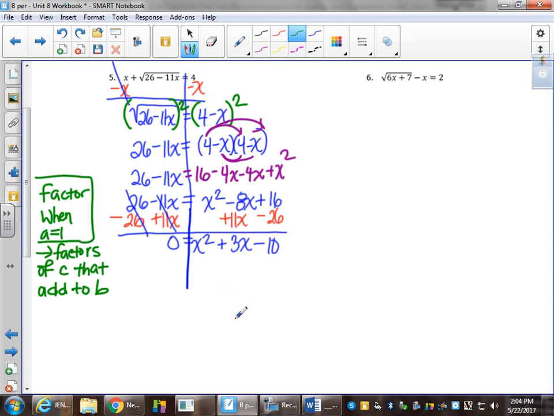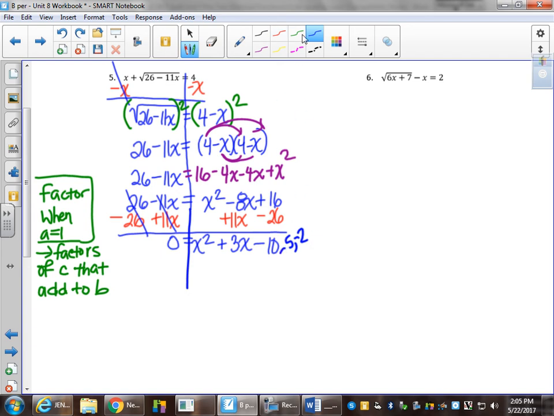So I'm looking for factors of negative 10, that add to 3. And I'm hoping we're thinking 5 and 2. But which of these has to be negative to obtain a positive 3? The 5 will be positive and the 2 will be negative. Because when I multiply 5 times negative 2, I get my negative 10. But when I add, I get a positive 3.